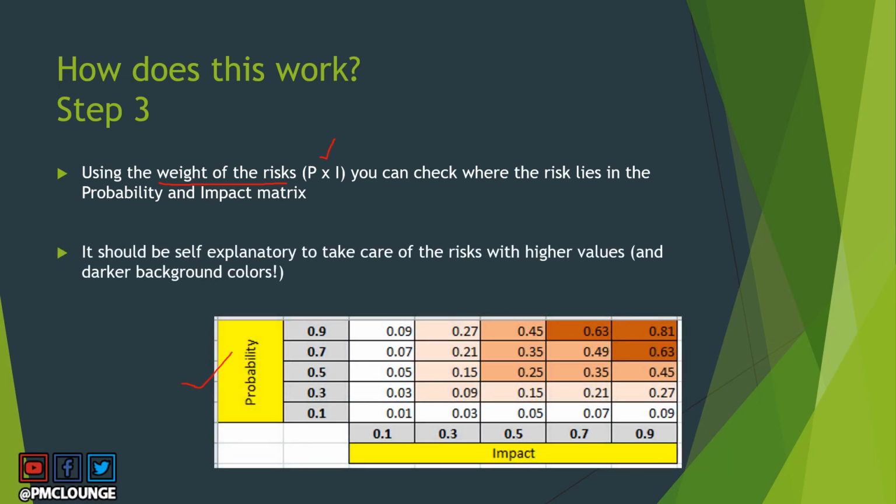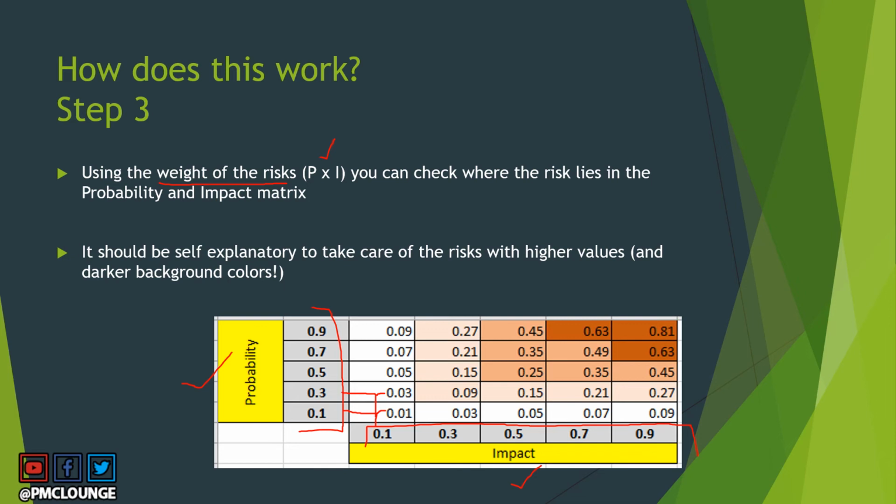You've got probability on this axis, so these are the values of probability. You've got impact on this axis, and these are the values of impact. So all you're doing is for the rest of the values, you are multiplying the two, probability into impact. 0.1 into 0.1 gives you 0.01. 0.3 into 0.1 gives you 0.03, and so on and so forth.